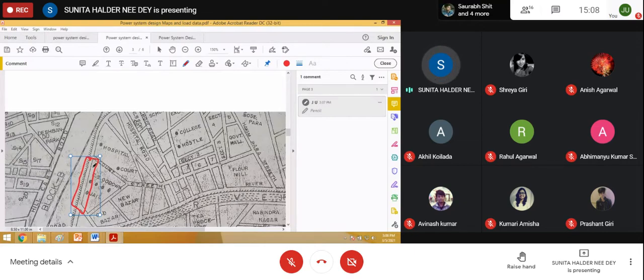So here will be one street light, here will be another one, again here another one, and in between two street lights the distance will be, say, 100 meter. So 100 meter means in your scale it will be 1 centimeter.